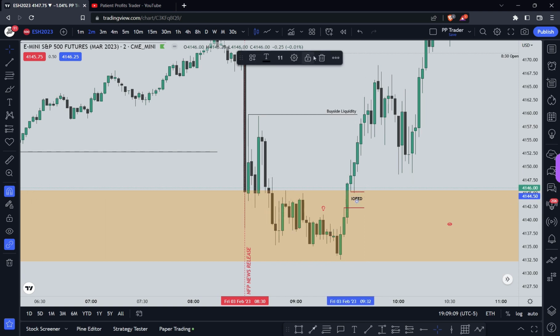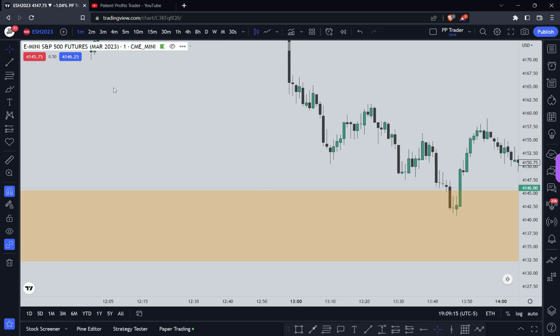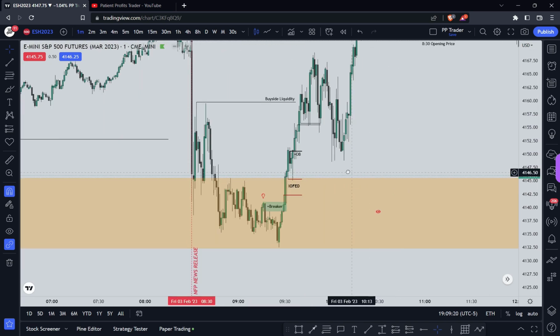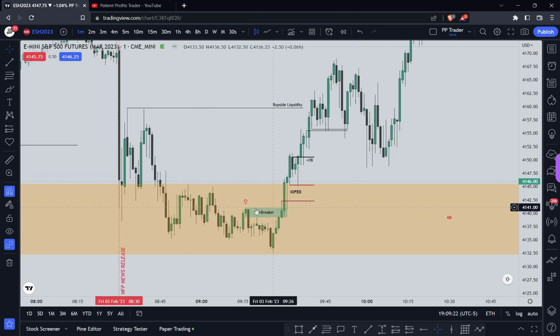Price taps it very lightly, and then price begins to take off. Okay, so my first trade entry on the 1 minute was within the breaker. Now, as we rallied and came back into the fair value gap, I added extra positions.